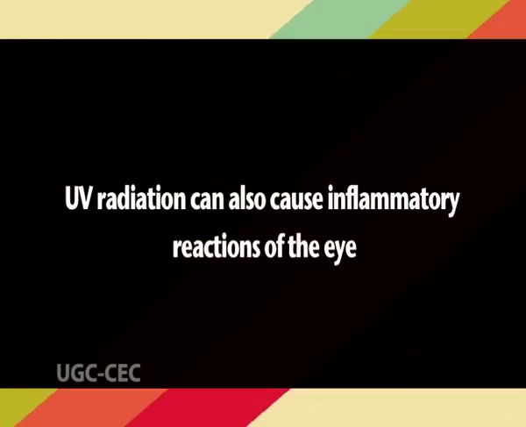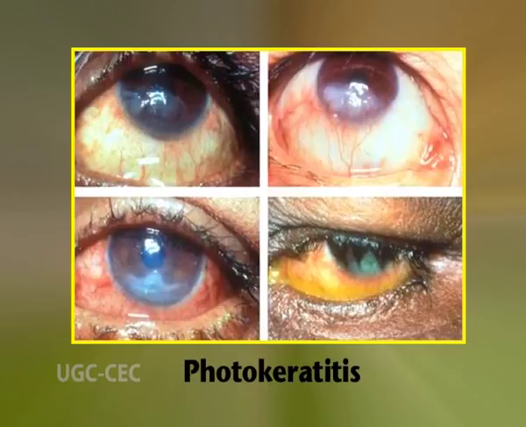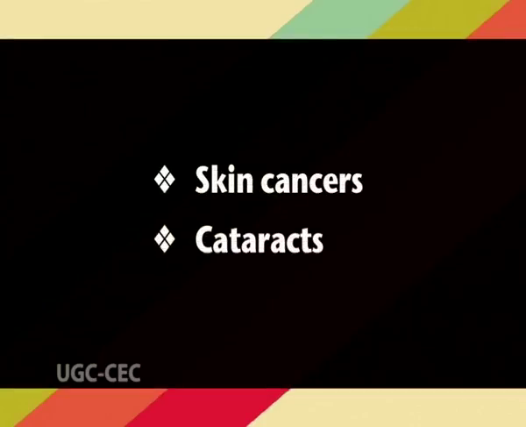In the long term, ultraviolet radiation induced degenerative change in cells, fibrous tissue, and blood vessels lead to premature skin aging. Ultraviolet radiation can also cause inflammatory reactions of the eye, such as photokeratitis. Chronic effects include two major health problems: skin cancers and cataracts.